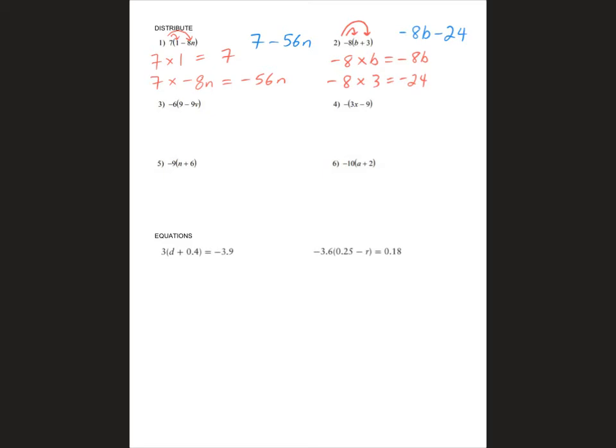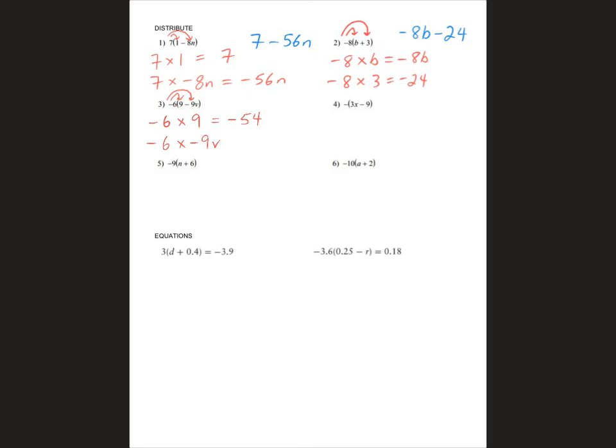So this one's going to give us -6 times 9 and -6 times -9b. Okay, so when we do the top here, we're going to have -54.